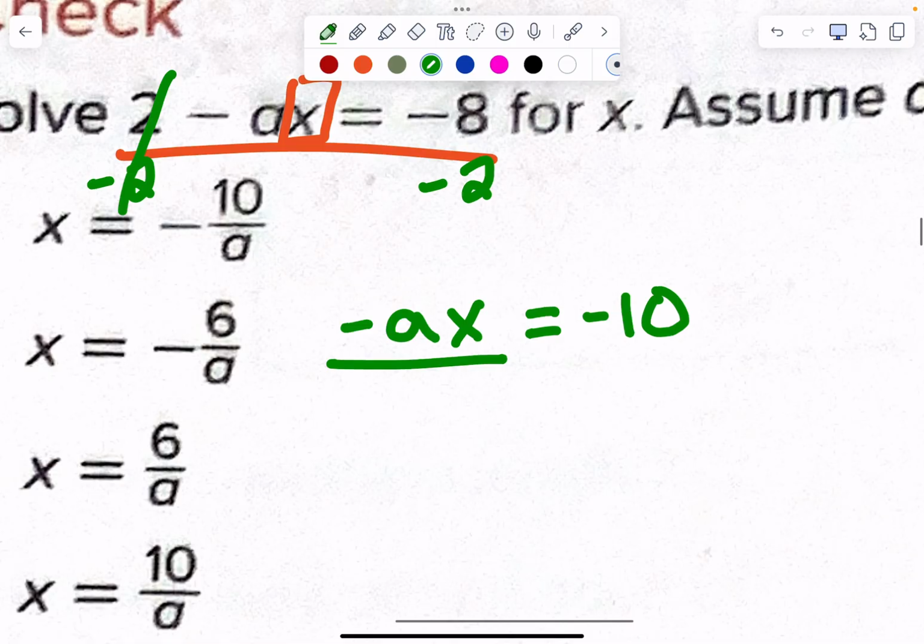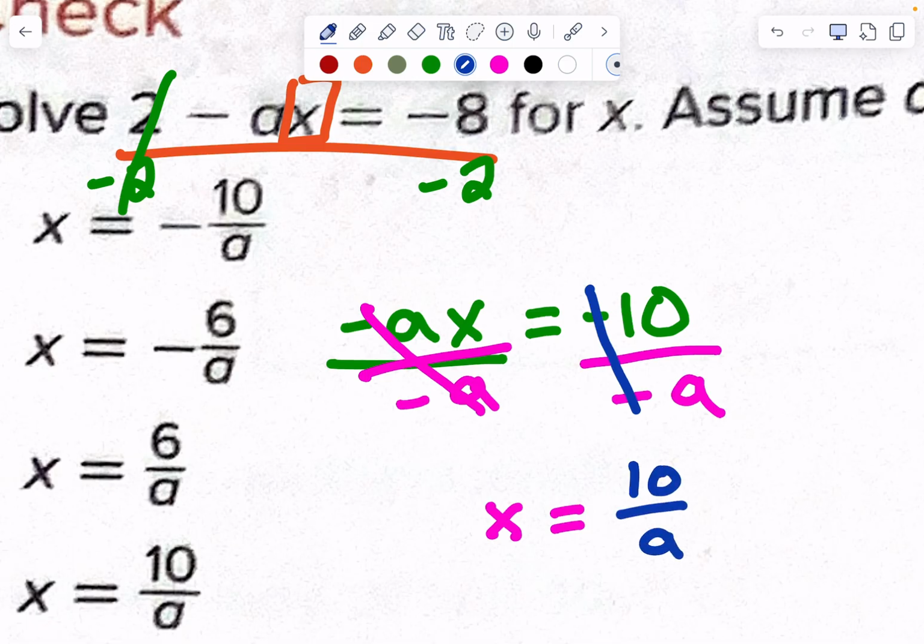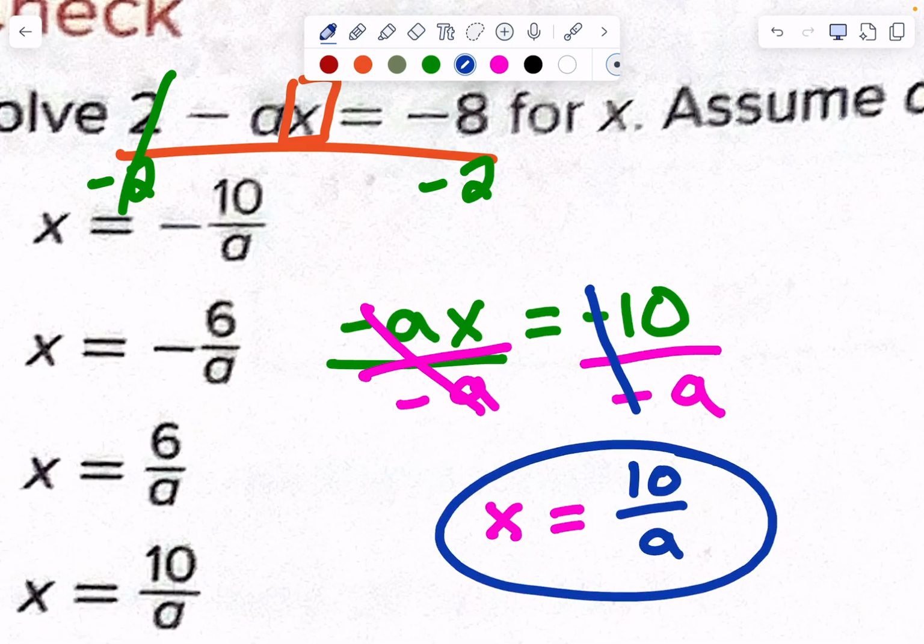Then to get the x by itself, I have to divide by negative a, so that cancels out. So what is negative 10 divided by negative a? 10 divided by a. Yeah, the negatives can cancel, so it's just 10 over a, or 10 divided by a.